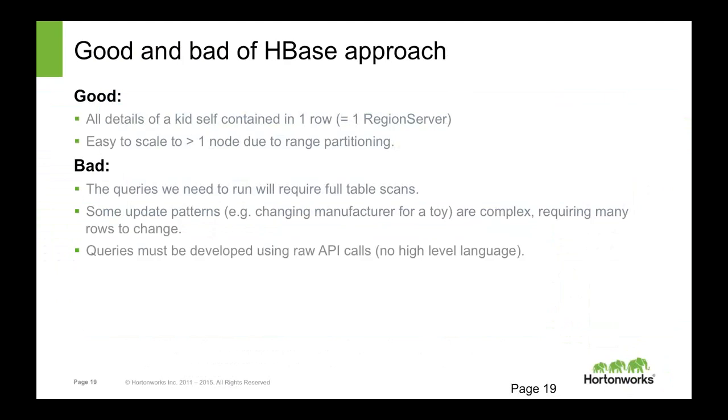But what this allows is that a kid all exists within a single region server. And if you wanted to add additional values, then it could potentially be partitioned across multiple region servers, depending on the size.